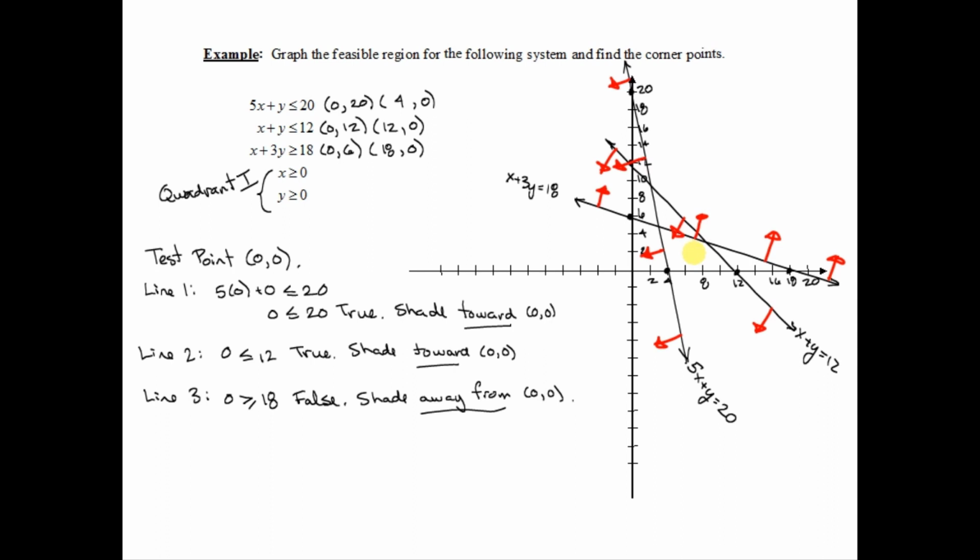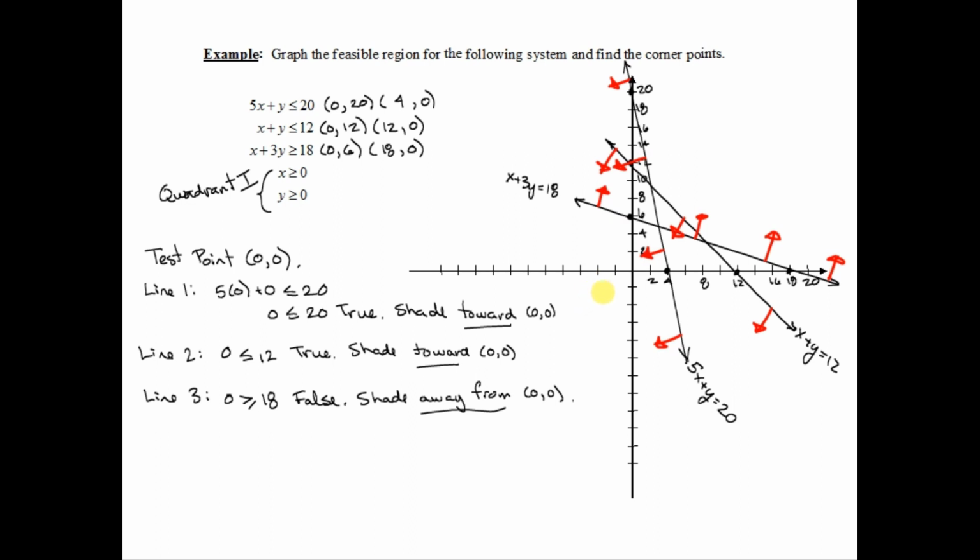It satisfies the x plus y equals 12 shading, but it doesn't satisfy either of the other two. If I come over here, this doesn't satisfy any of them. If I look at this little area in here near the origin, it satisfies 2 of them, but it doesn't satisfy the x plus 3y equals 18.